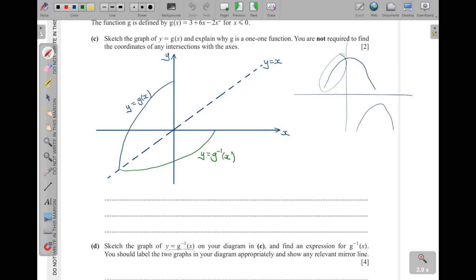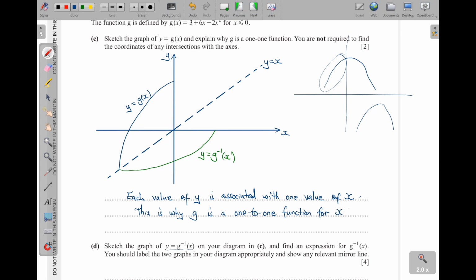Okay, so I can write it like this, that each value of y is associated with one value of x. Okay, so this is why G is a one-to-one function for x less than or equal to 0.